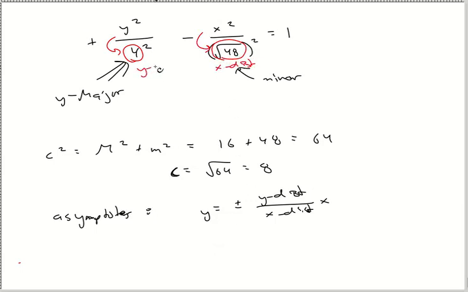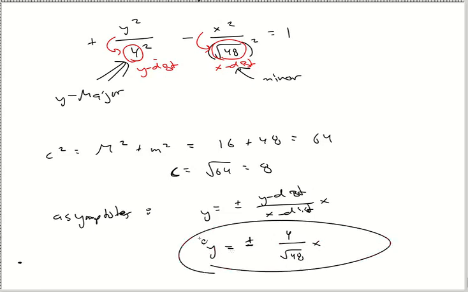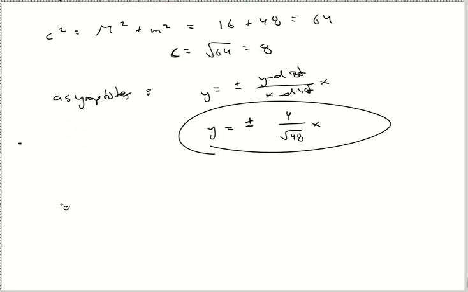This is my y distance. Major, minor, but it could be a major on the top. It could be a major on the bottom. It doesn't really matter. It's just y and x, because that's what slope is, y over x. And so in this particular case, 4 divided by the square root of 48, and then an x. And so these are going to be my asymptotes there. Again, I didn't even simplify because it's not worth your time.